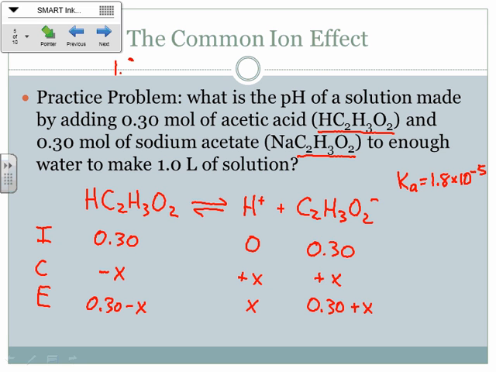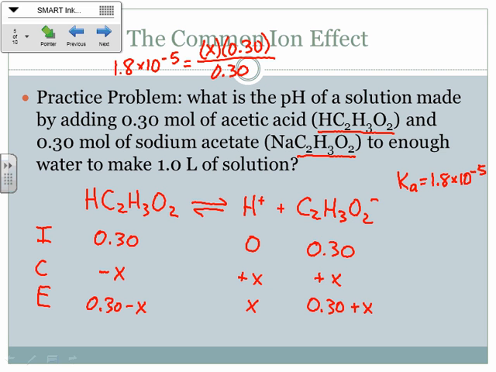So what you end up with here is 1.8 times 10 to the negative fifth is equal to x, instead of x squared here, it's going to be x times 0.30 divided by 0.30. Once we make our simplifying assumptions, that 0.30 minus x is basically 0.30, and 0.30 plus x is basically 0.30.